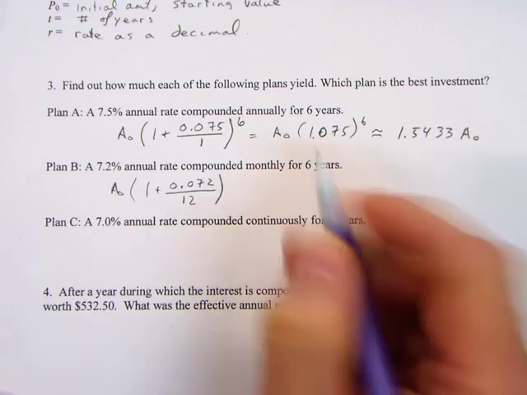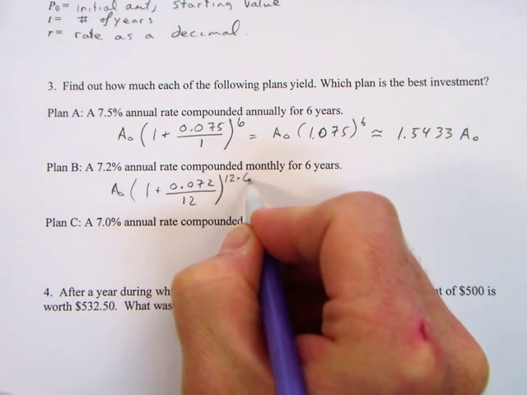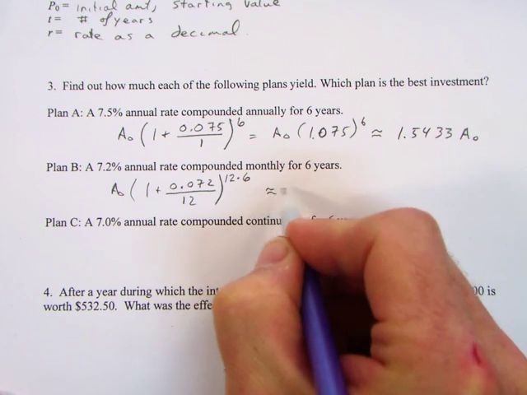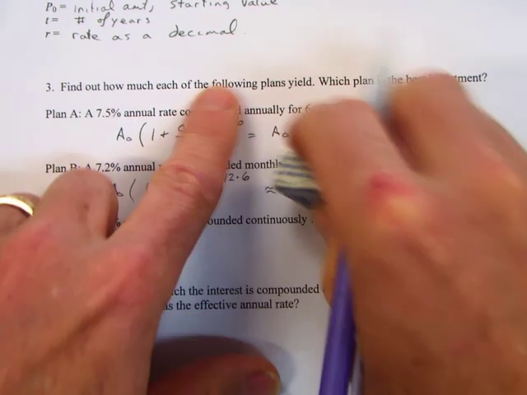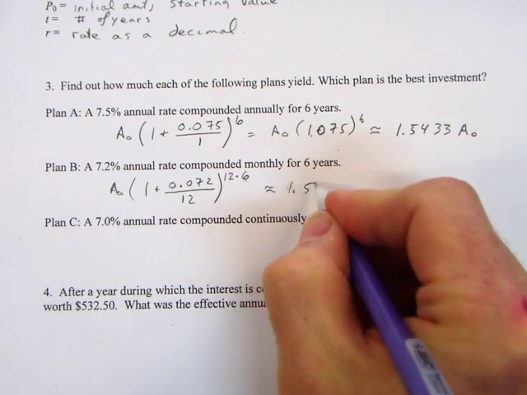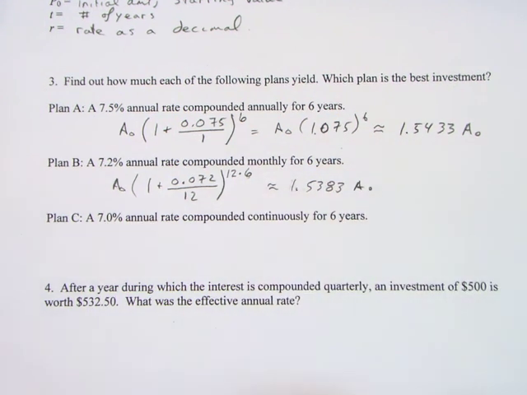It'd be 12 times 6. Type that in on your calculator, and you'll get A sub 0 times, actually I'll just put the number in first, 1.5383 A sub 0. And we need to go out to 4 decimal places so we can really see what's going on here.